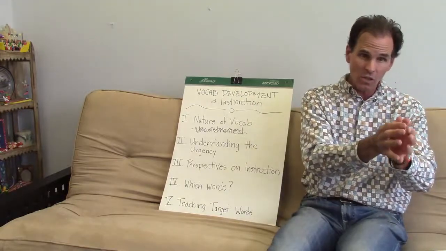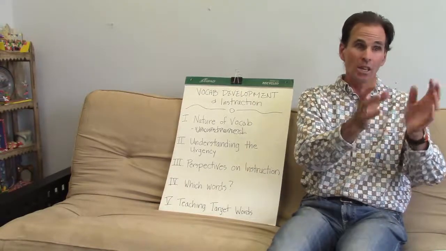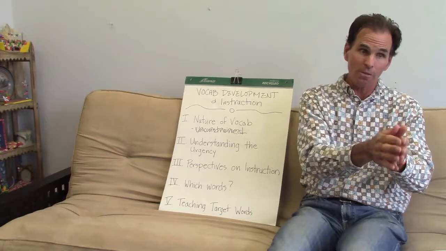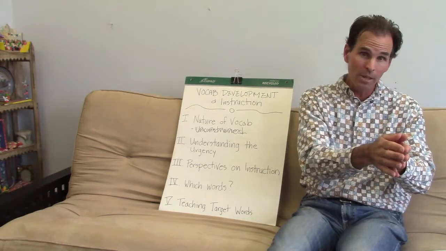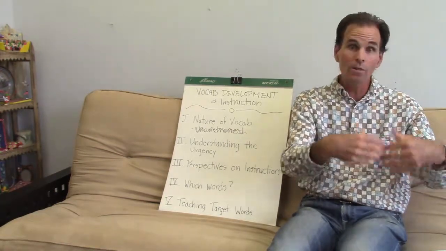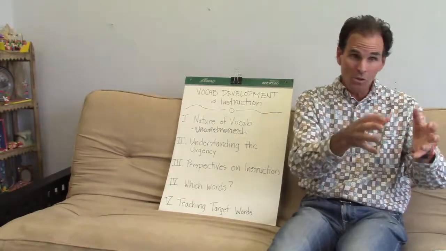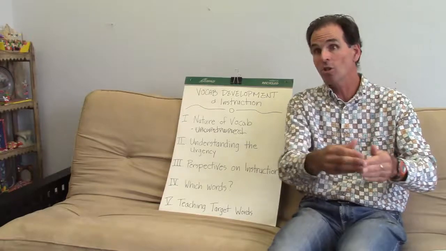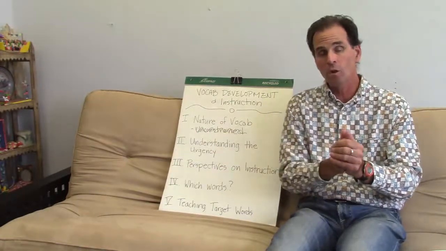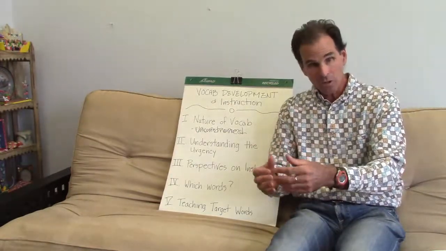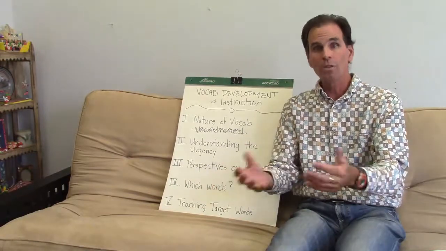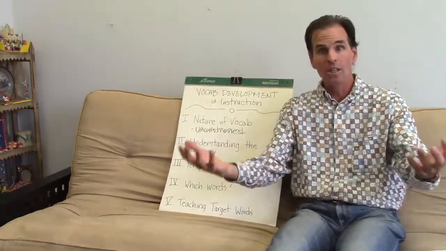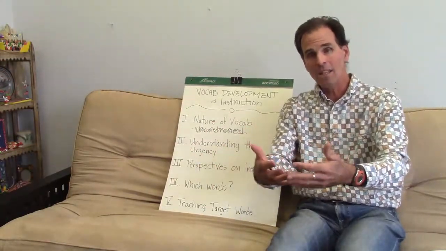We have a set of words that we teach, I call them target words, with a fairly high degree of intensity, where we expect mastery, and we do that because we really believe that they're high-value words that will really benefit the kids going forward. Simultaneously, we try to collect and flood and so forth, bringing the quantity dimension.